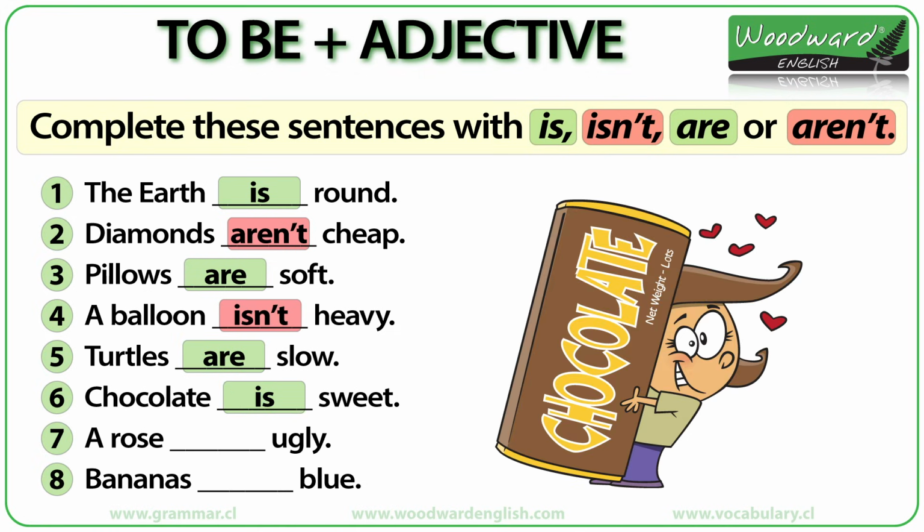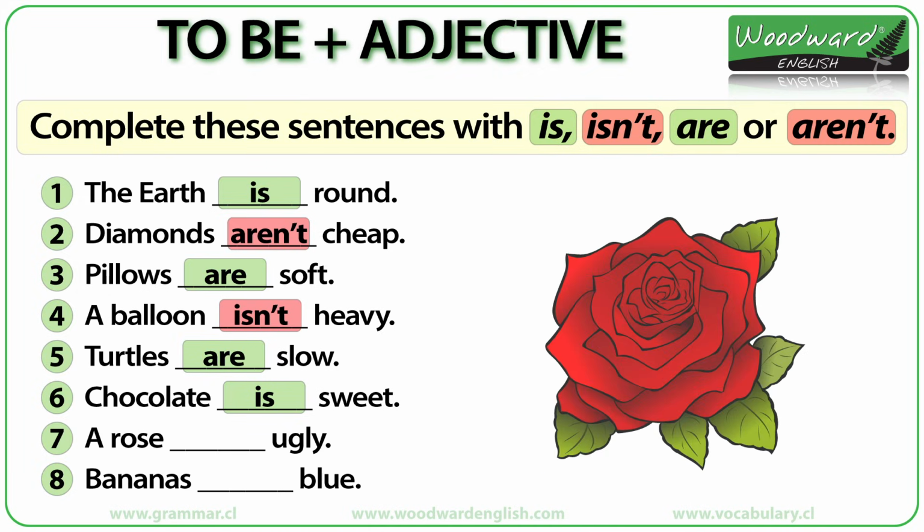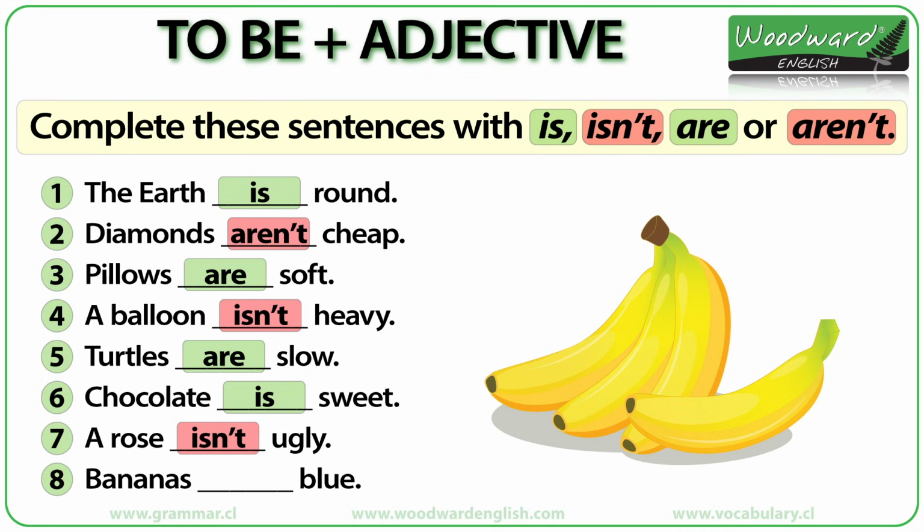Chocolate is sweet. 7. A rose isn't ugly. 8. Bananas aren't blue.